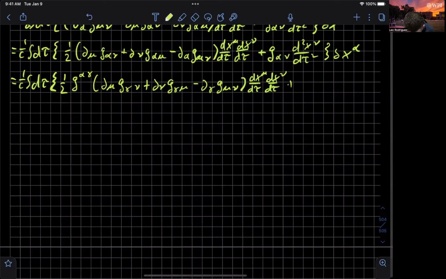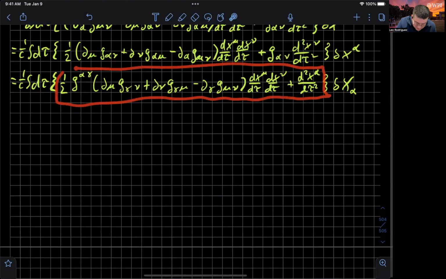And then here I'm just going to be left with, like I already said, dx alpha d tau squared. And now here I'm going to write my alpha on the bottom. And I know this is not canonical. It might disturb someone, but it allows us to pick off the canonical form of our geodesic equation.